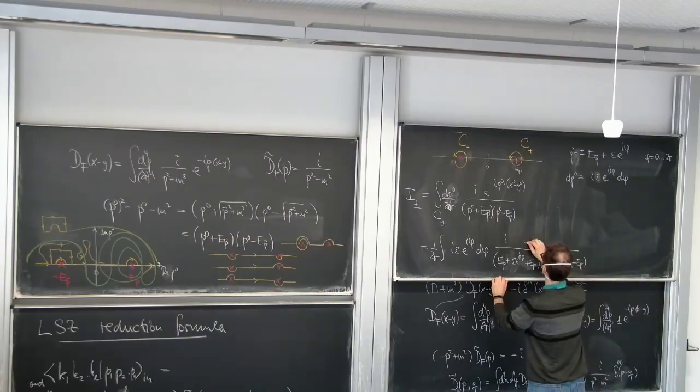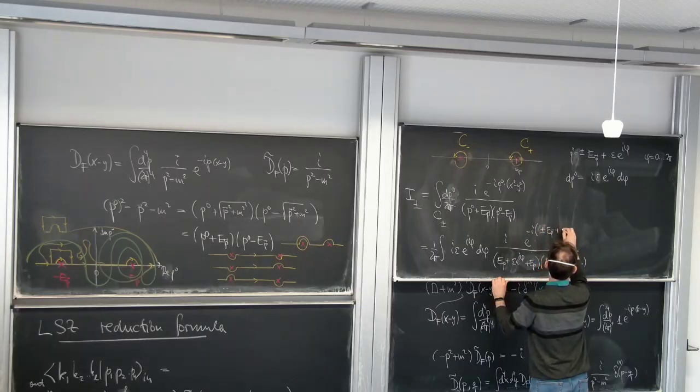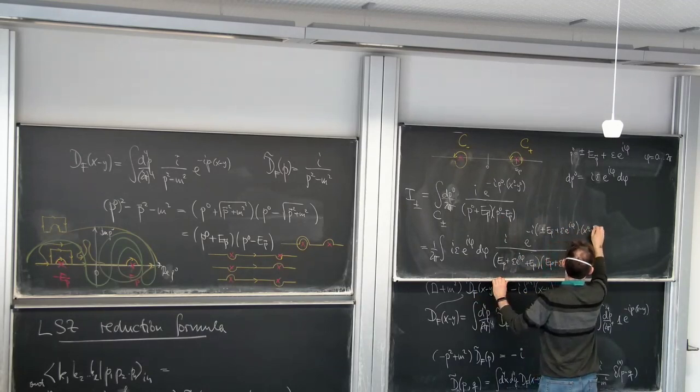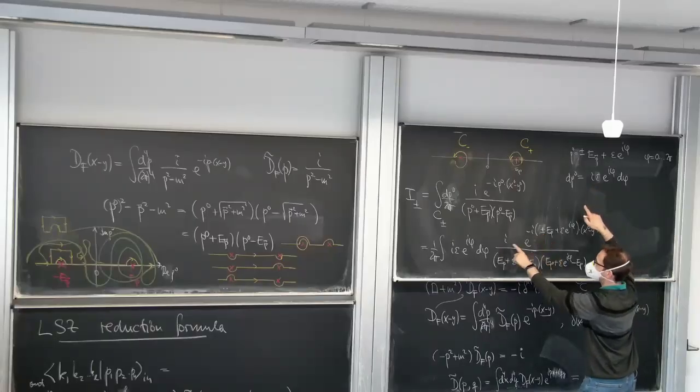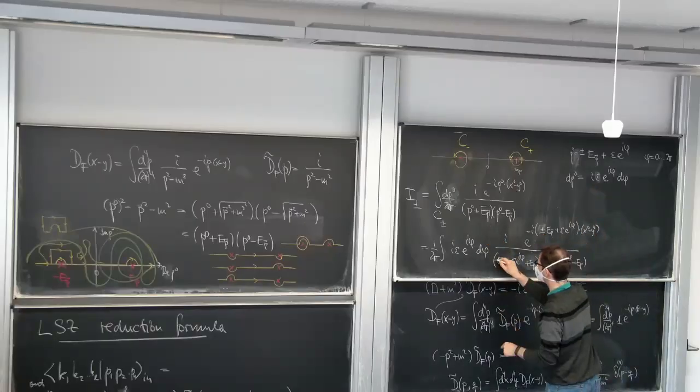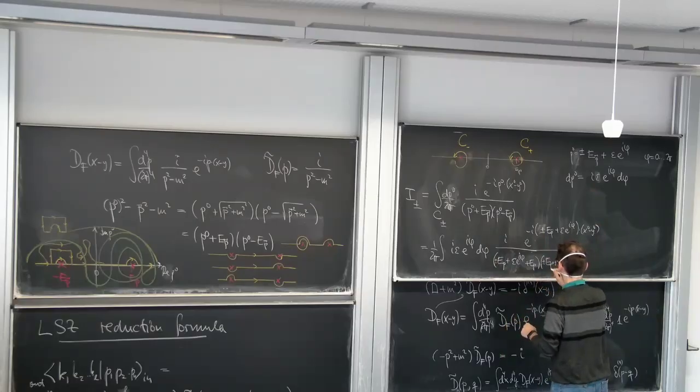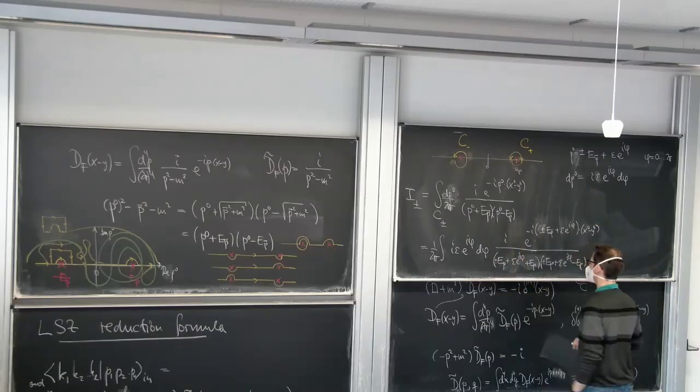Well, while I'm at it, minus i, and here is plus or minus dp plus epsilon e to the i phi times x0 minus y0. And now let's make it completely correct. So plus minus, so it goes like here, plus minus plus minus. Now we have it. Now you're happy, right?